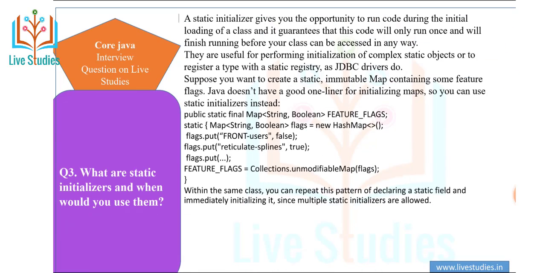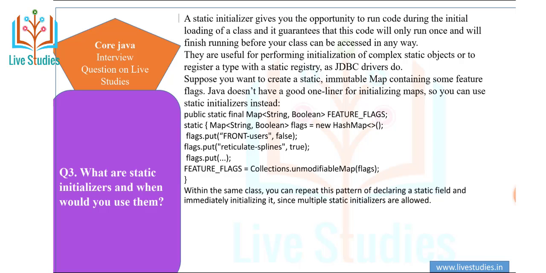Another question is, what are static initializers and when would you use them? A static initializer gives you the opportunity to run code during the initial loading of a class, and it guarantees that this code will only run once and will finish running before your class can be accessed in any way.